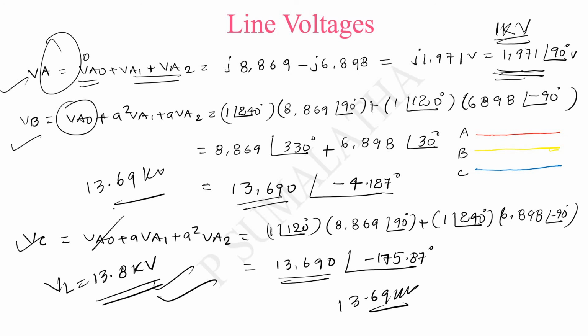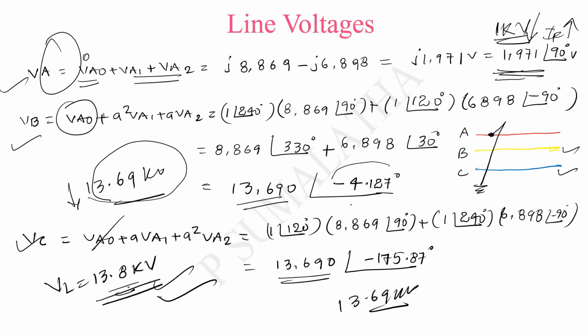Where is 1 kV and where is 13 kV? That means the fault has occurred with respect to phase A. Because one phase has short circuited, that phase voltage will dip and the current will rise.